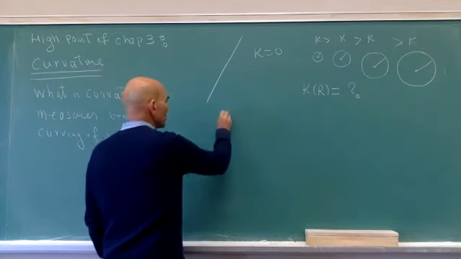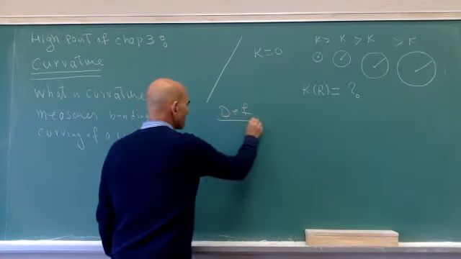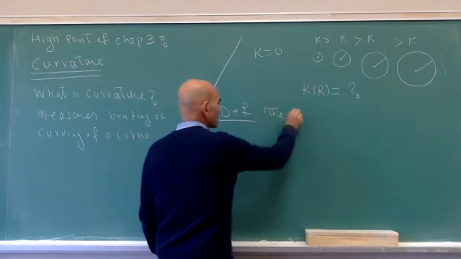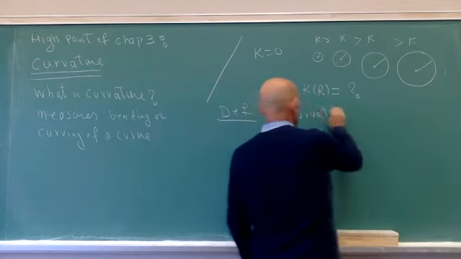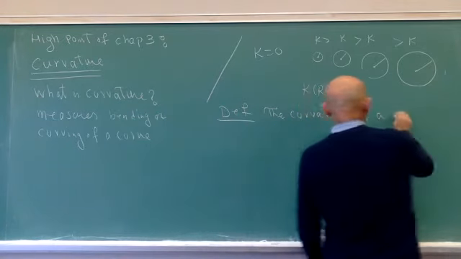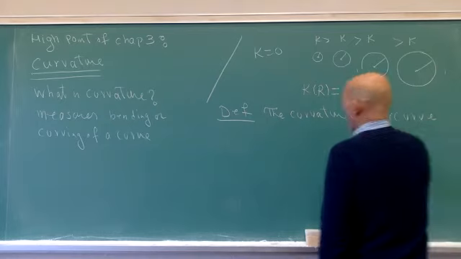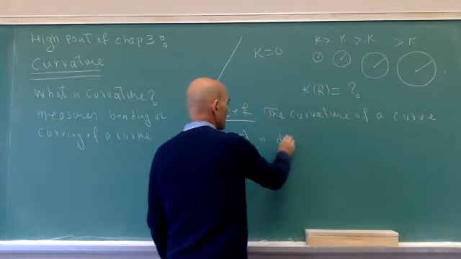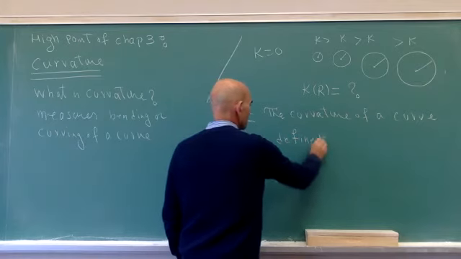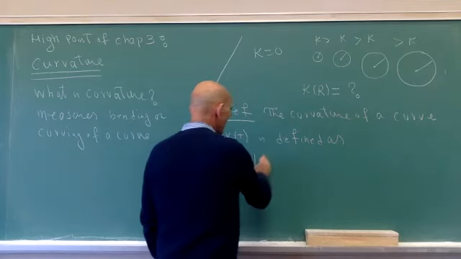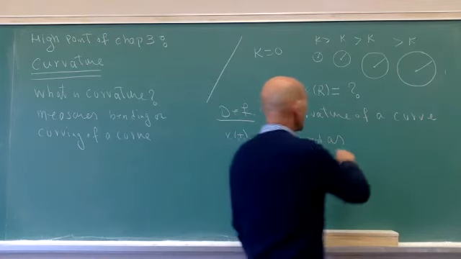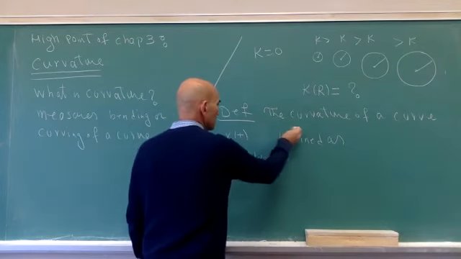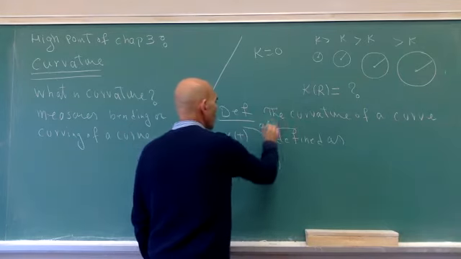So this is the definition. The curvature of a curve R of t, defined as kappa at some point t. So the curvature of the curve R of t at the point t, so I would say maybe at time t.